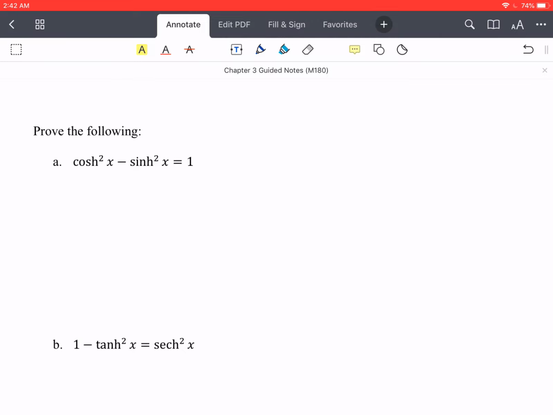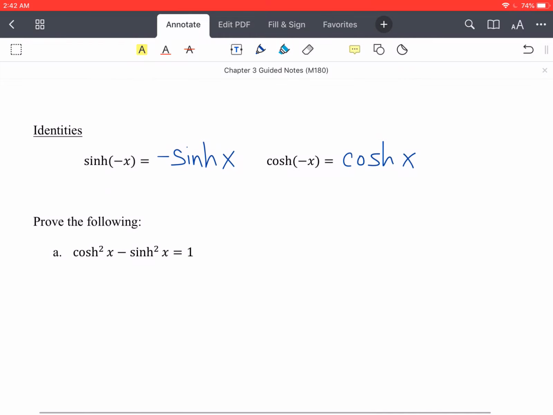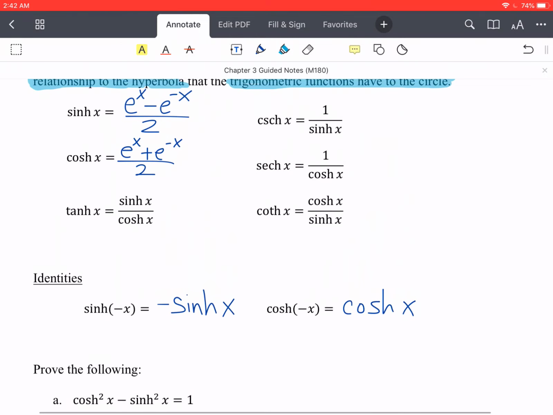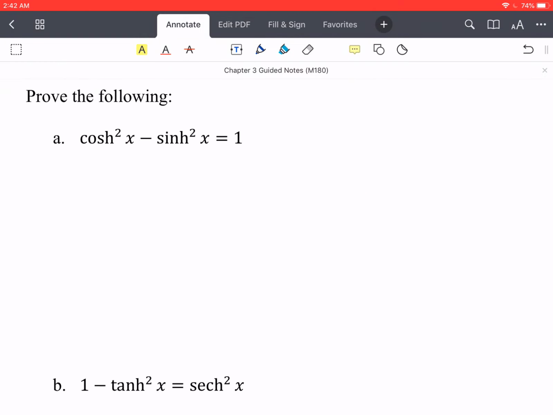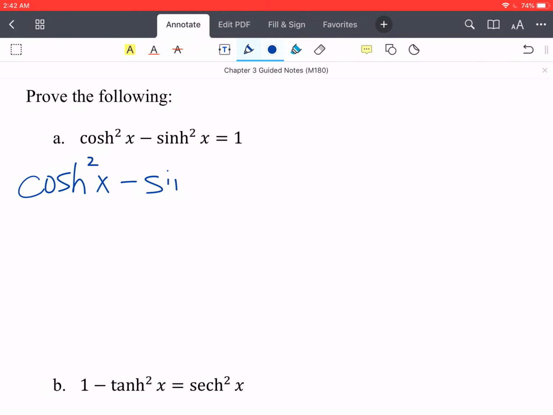So we have cosh squared minus sinh squared equals 1. So you can see a similar resemblance to the one that we know from regular trig. So let's start on the left-hand side here. We'll start with cosh squared of x minus sinh squared of x.